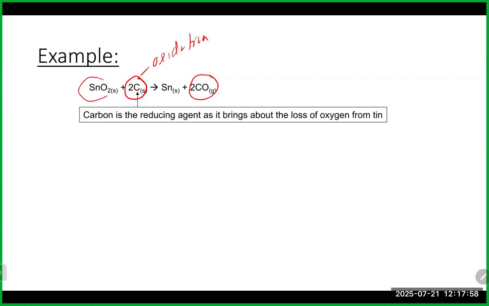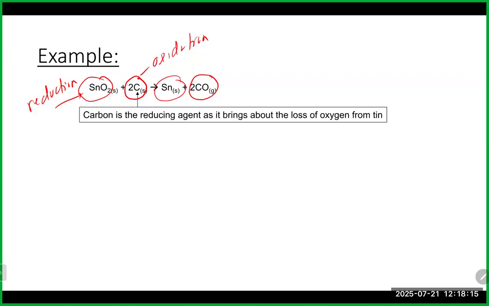We also see that the tin has lost oxygen as you go this way, which means it's going through reduction in this particular case. So by looking at the oxygen gaining or losing, you could figure out what is being oxidized and what is being reduced.